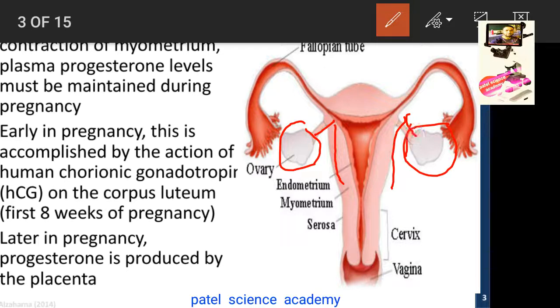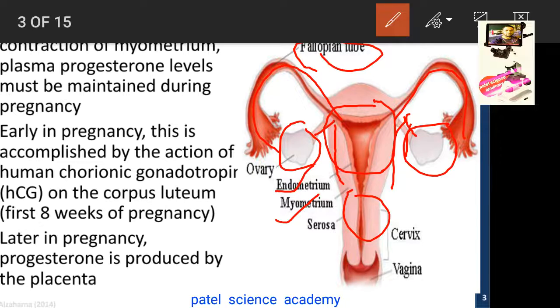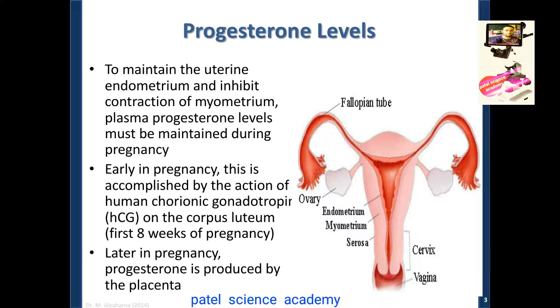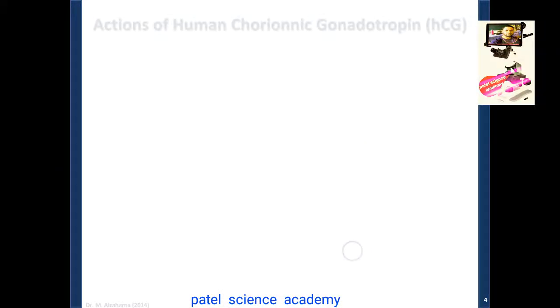It opens into this long tube, the fallopian tube, which opens into the uterus, with the wall lining of endometrium and myometrium. The uterus opens into this narrow passage, the cervix, which opens into the vagina, the opening of the female reproductive system to the outside of the body. So dear students, this is about the role of the progesterone hormone in the female reproductive system during pregnancy.